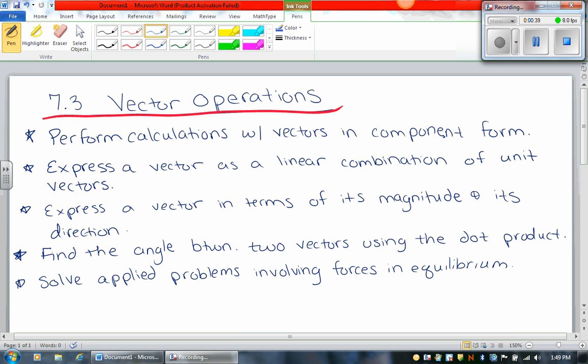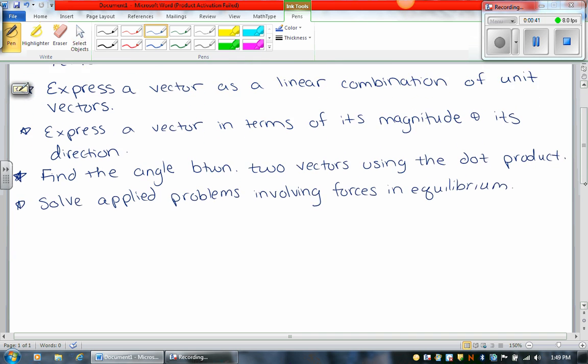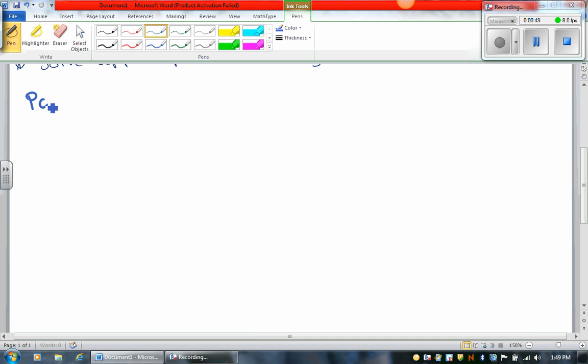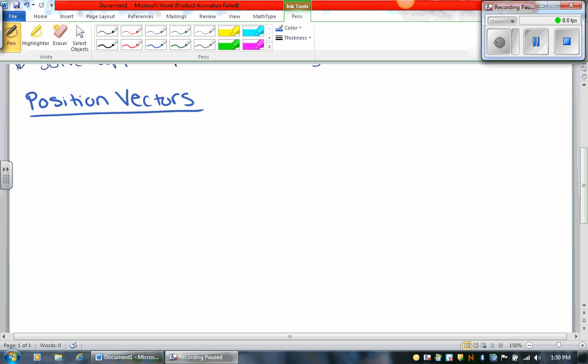Okay, so the first thing we need to talk about is something called position vectors. So first we're going to consider some vector v.